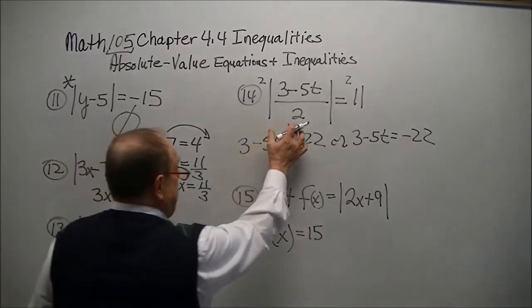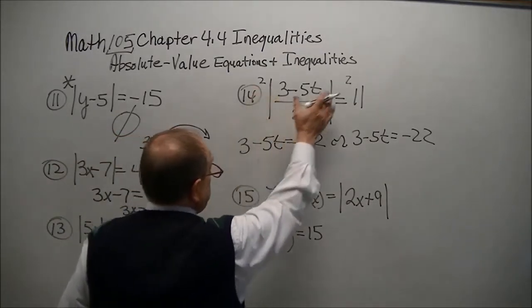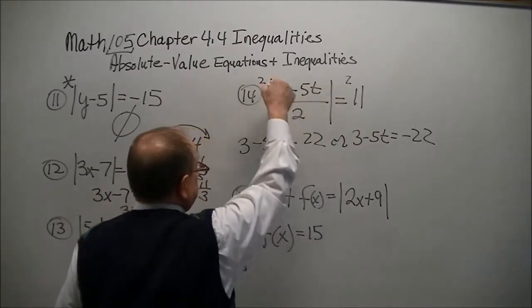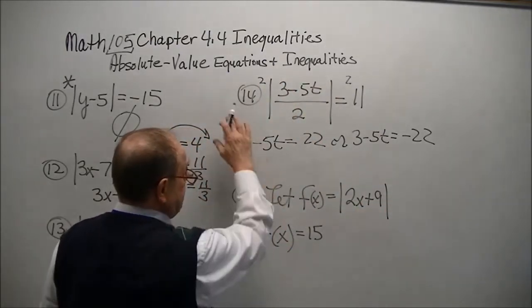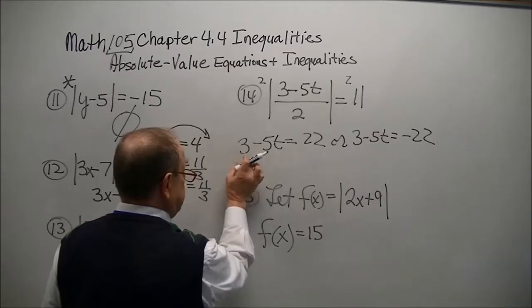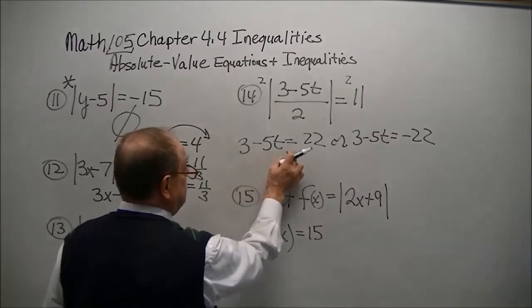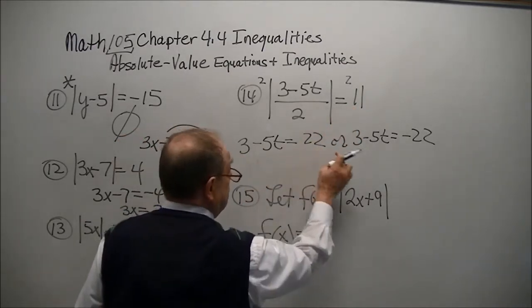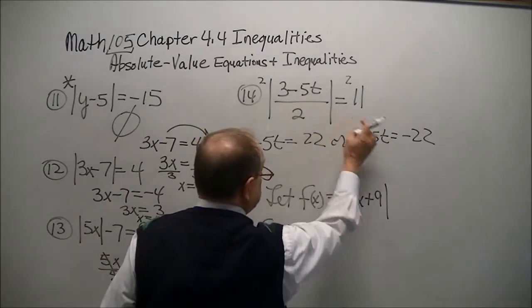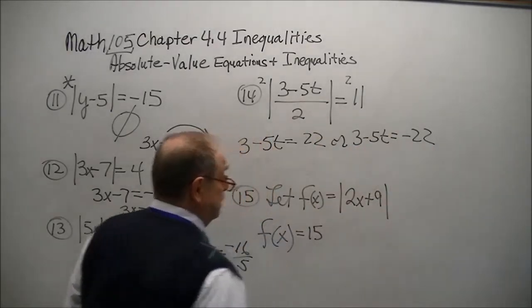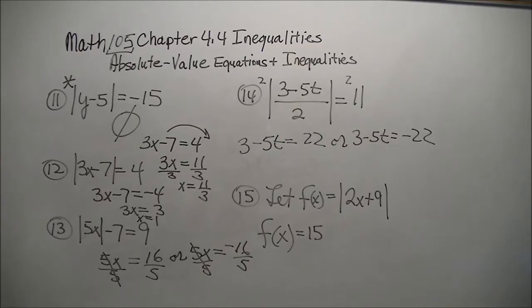So to get rid of the fraction, in a sense we're multiplying both sides by 2, that cancels out on this side. So I just get 3 minus 5t equals 22, or 3 minus 5t equals a negative 22. And then from there we solve our equation.